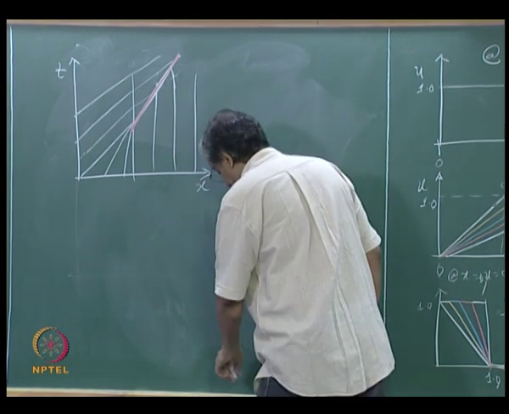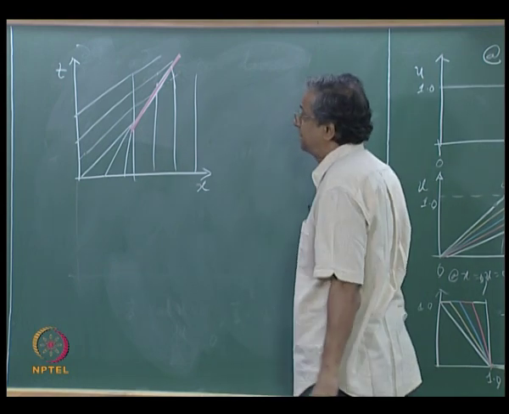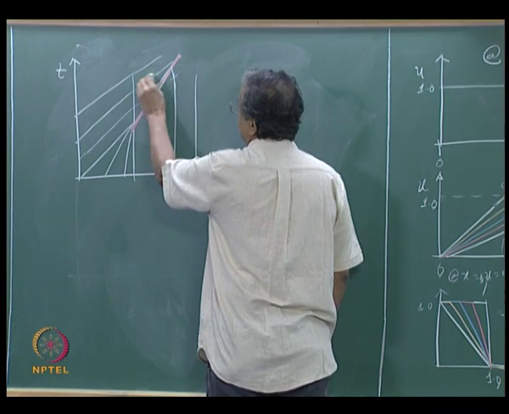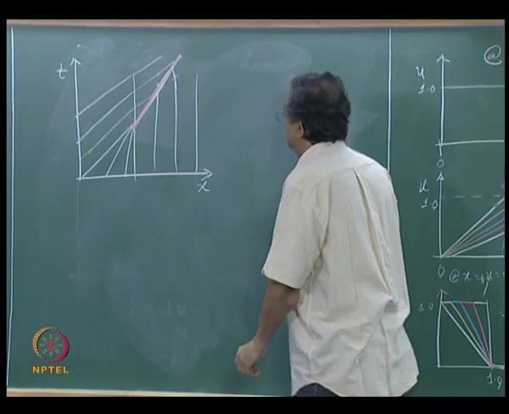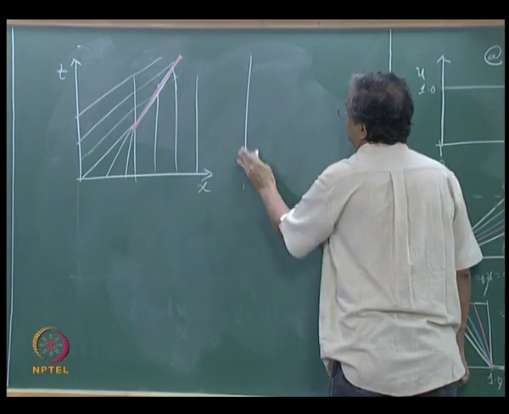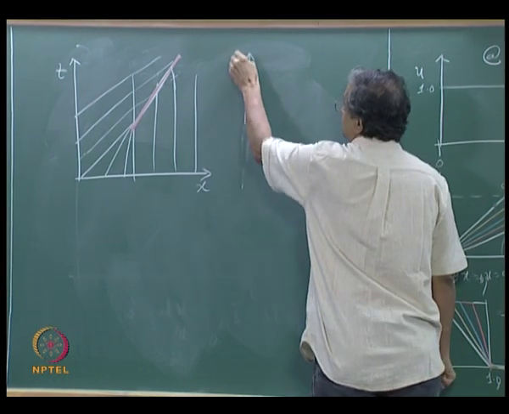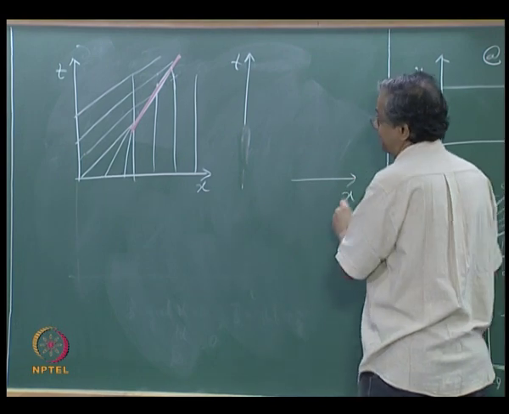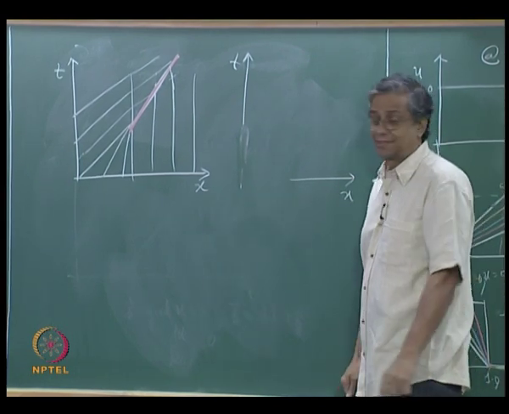Is there a way for us to find the propagation speed of the shock? So we will zoom in on this area. I will just say t, I will not show you the origin, I will say x, we do not know where this is, somewhere here.